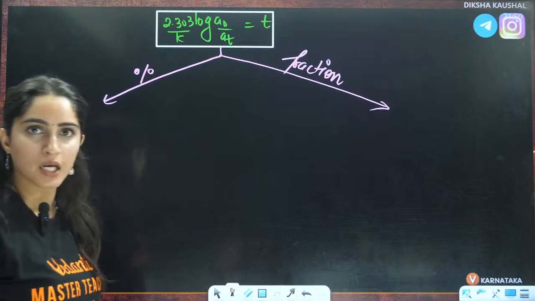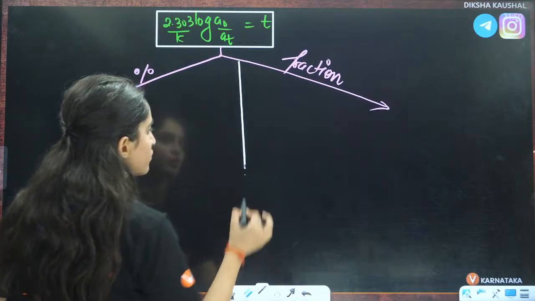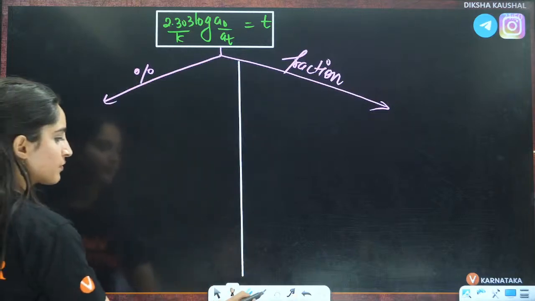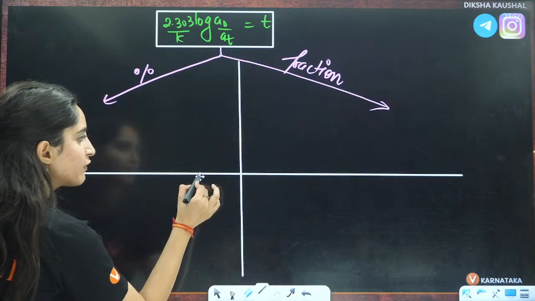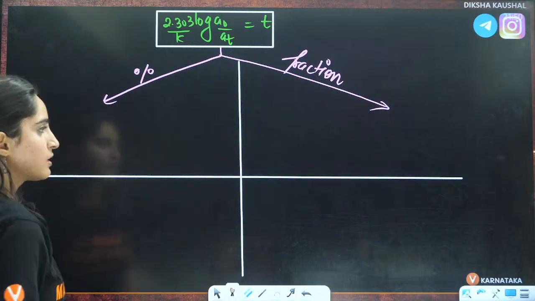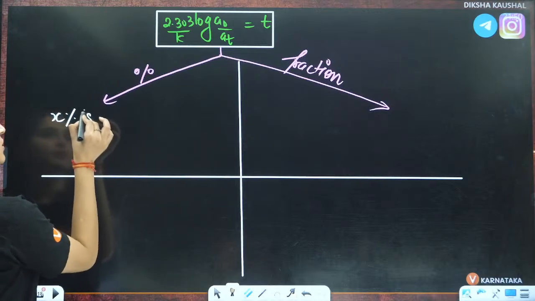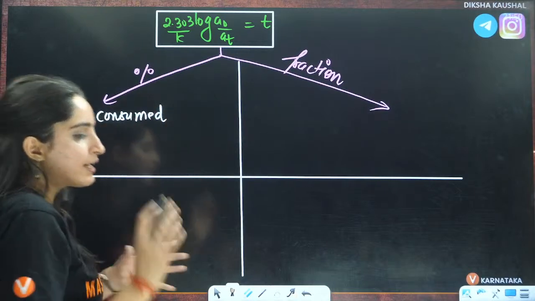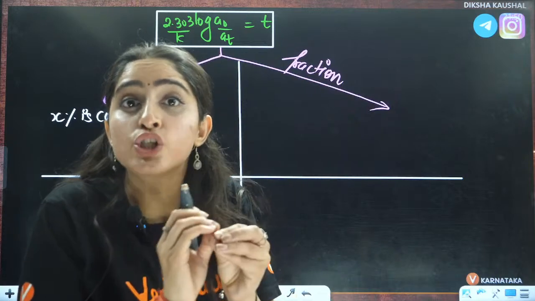Simple. Two things I am doing here. I'm dividing into two parts, and each of those into two more, so 4 parts I have divided it into. Here, if they ask you X% is consumed, consumed means it has reacted.